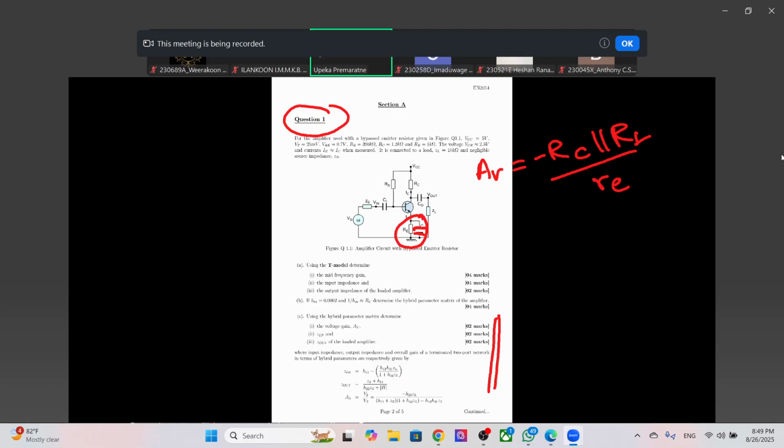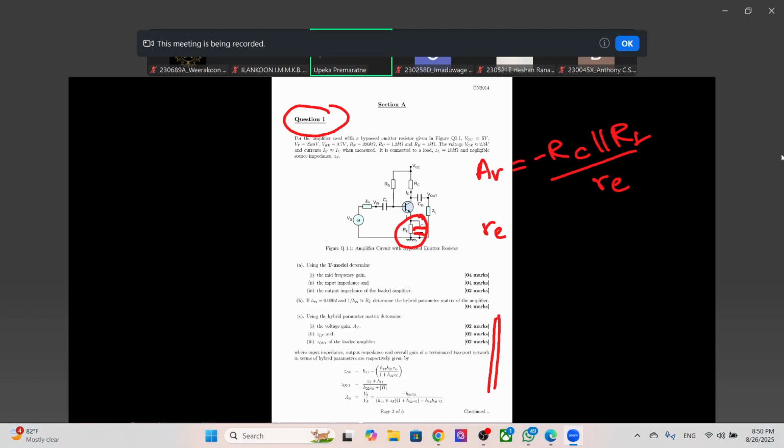So here VC is given as 2.3 volts. From that you can calculate IC, because VC is given. And from that you can calculate RE.